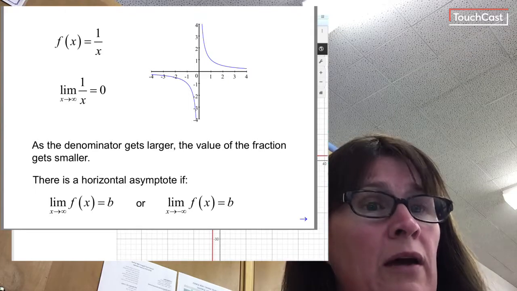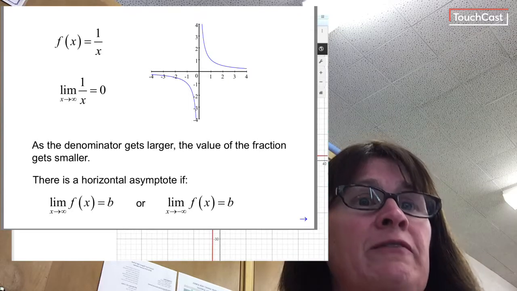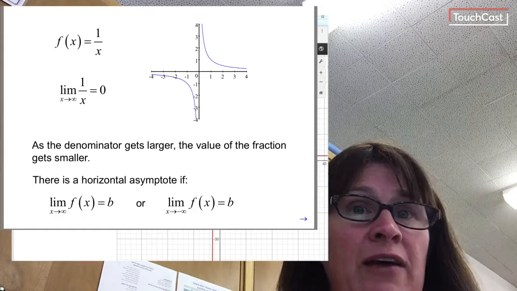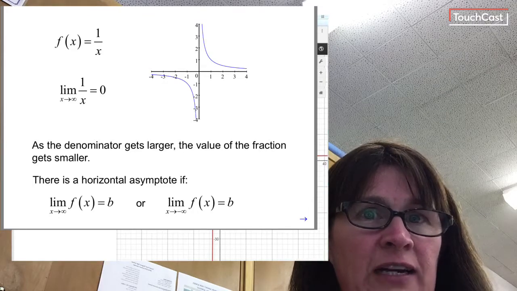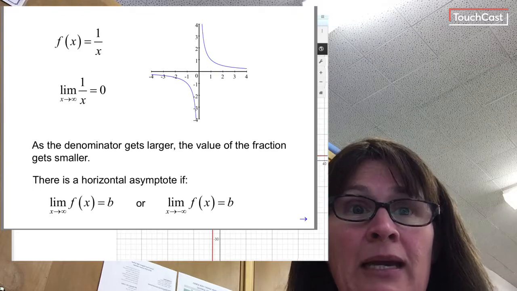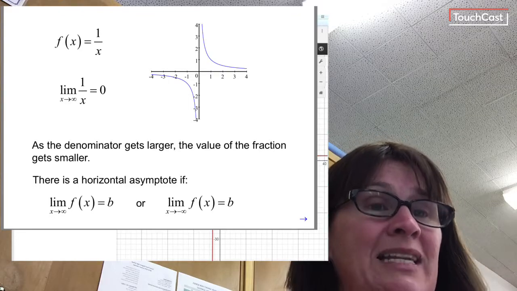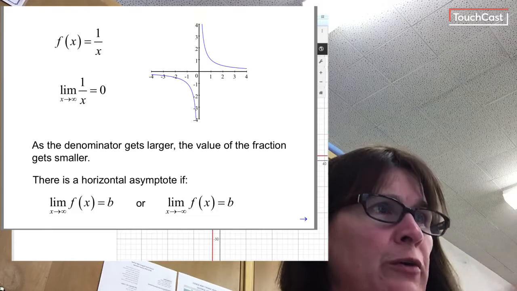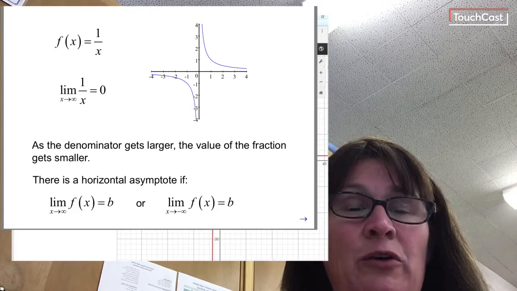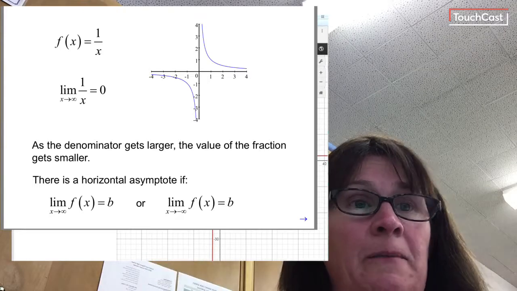There is a horizontal asymptote in the graph of the function f of x if the limit as x approaches infinity of f of x is b, or the limit as x approaches negative infinity of f of x is b. And your notes paper makes it slightly more clear than this slide here.